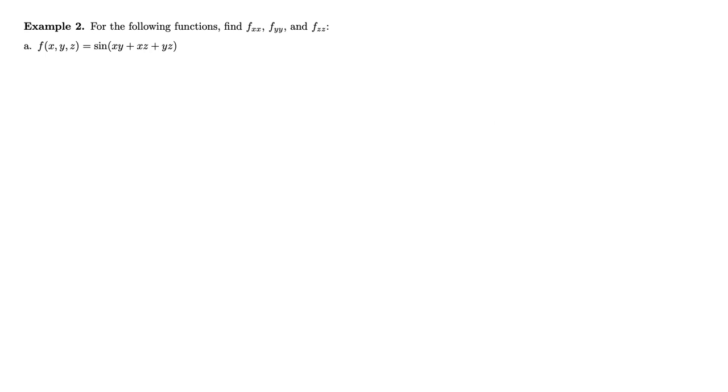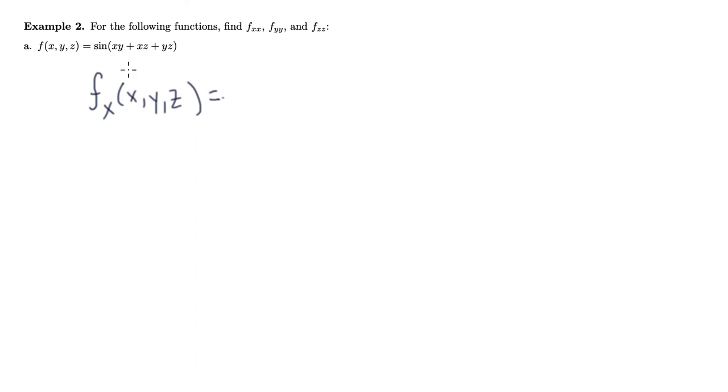All right, so here I want to find the second partial derivatives. The second partial derivative with respect to x, the second with respect to y, and the second with respect to z. And so the way we do that is we start by taking the first partial derivative. Surprise, surprise. So f_x of xyz, well, I'm just going to take the derivative with respect to x.